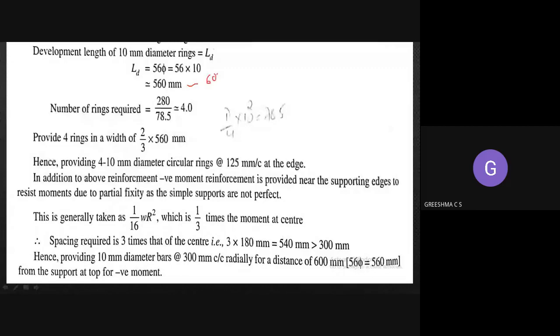Now the number of rings is the total circumferential moment divided by the area of one reinforcement bar. For a 10 mm diameter bar, the area is pi by 4 into d square, that is 78.5. So approximately you will get 4. You can write a note like: provide 4 rings in a width of 2 by 3 into 560 mm.